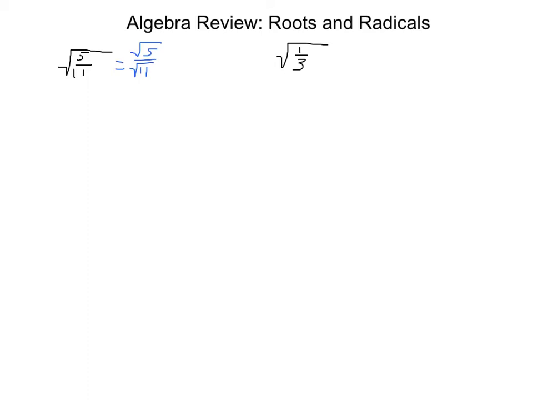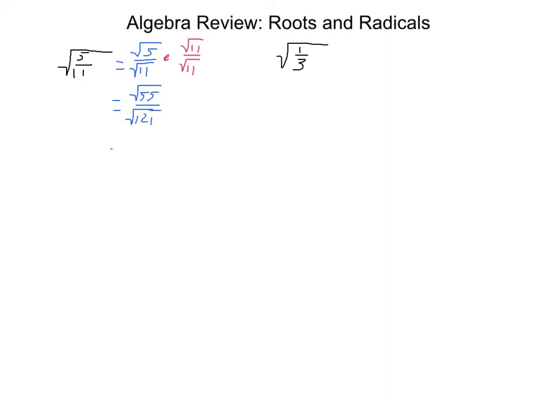Well, in order to get rid of a square root, we simply multiply an item by itself. So I'm going to multiply this by the square root of 11 over the square root of 11, because this is a form of the number 1. Now multiplying these, we're going to get the square root of 55, 5 times 11, divided by the square root of 121, which is 11 times 11.